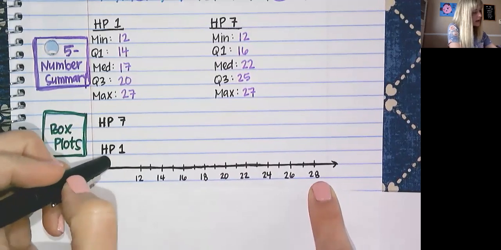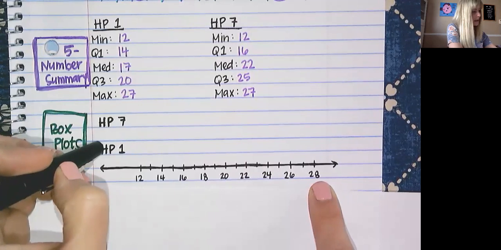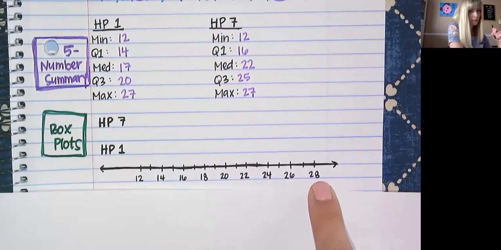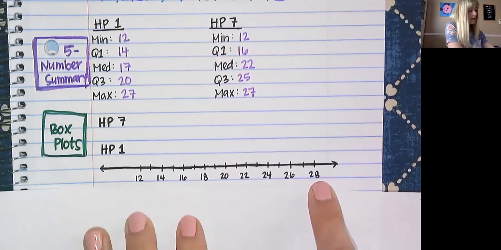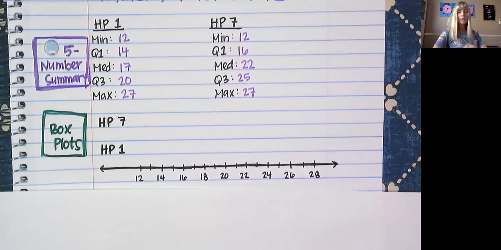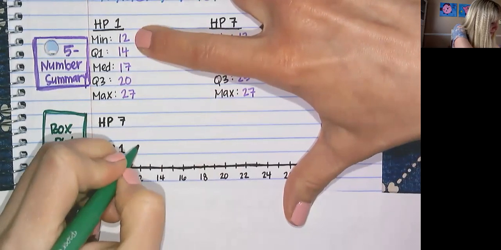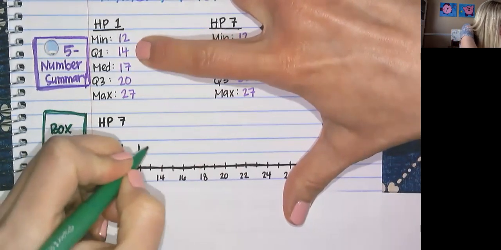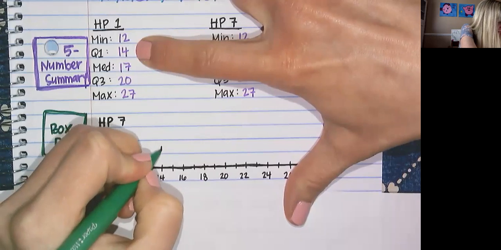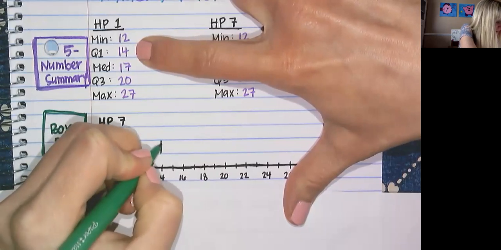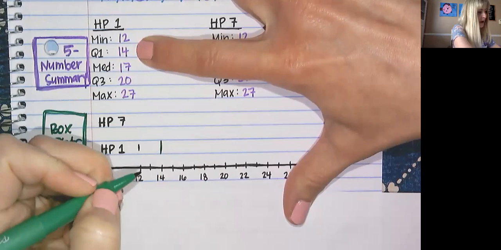Then I skipped a line and wrote HP 1 for Harry Potter 1, and skipped a line and wrote HP 7 for Harry Potter 7. Now I'm ready to actually draw these. Harry Potter 1 is going to go on this line. I've got my minimum at 12, my first quartile at 14, and I'll make that go all the way on the space since I know it's the bottom of my box.